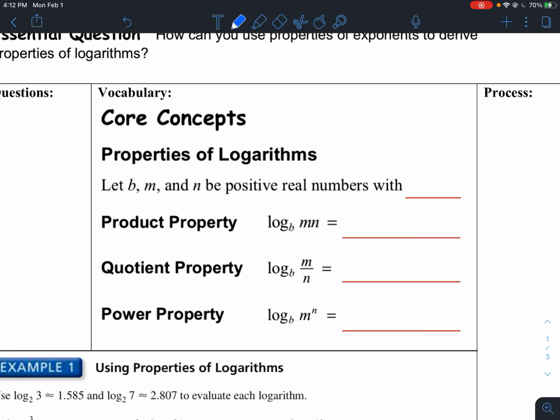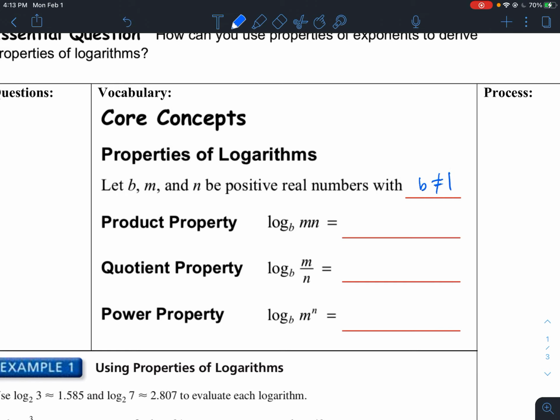So in these properties, we're going to have b, m, and n in all of these properties, and b, m, and n are going to represent real positive numbers. Real positive numbers, okay? So, let b, m, and n be positive real numbers, and b cannot equal 1.